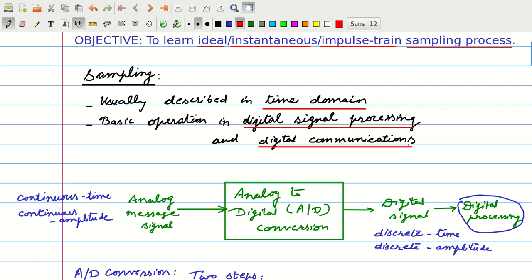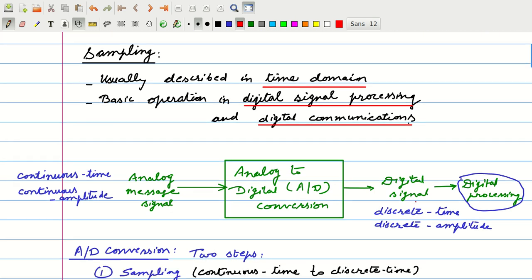For the digital processing, the signal must first be converted to digital form, and therefore the first essential block in any digital communication system is A to D conversion, analog to digital conversion.